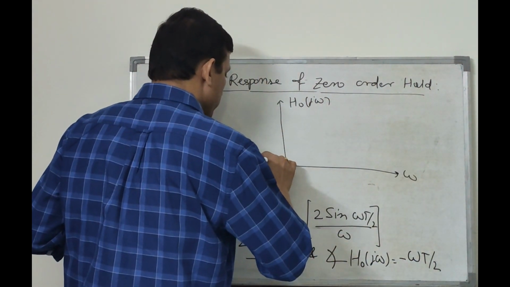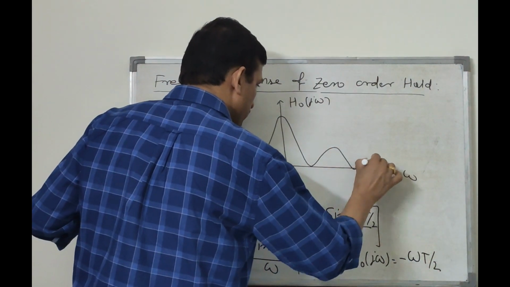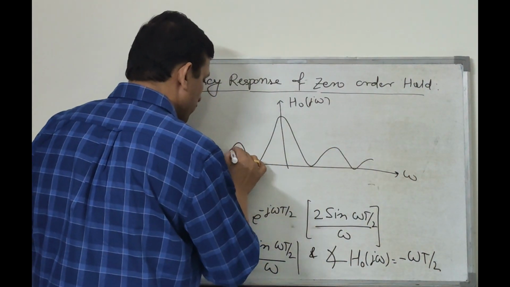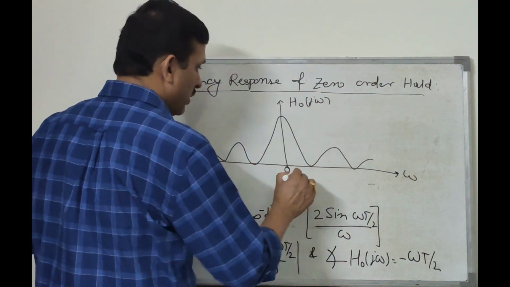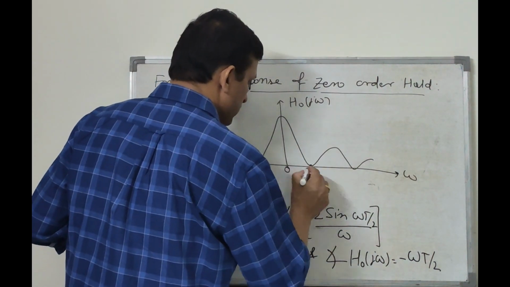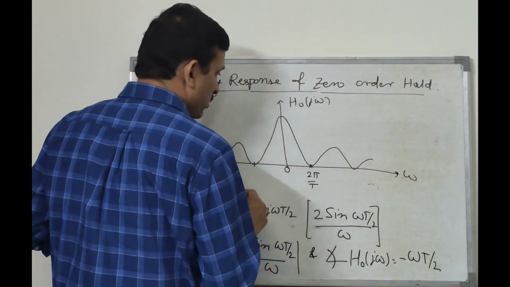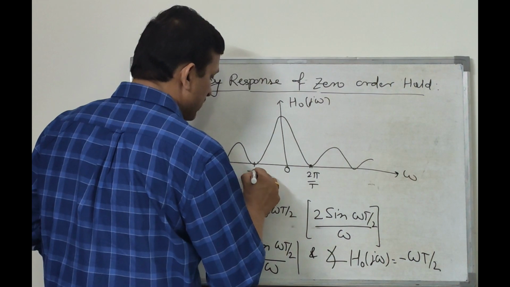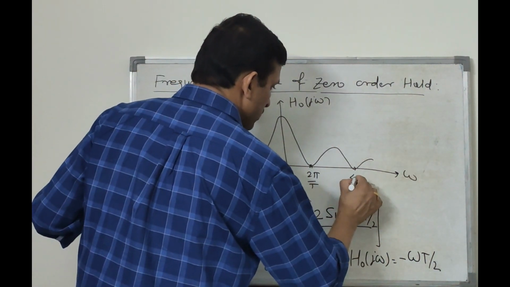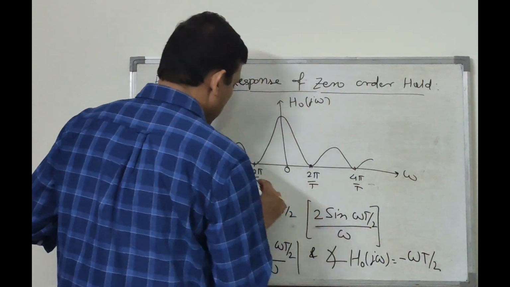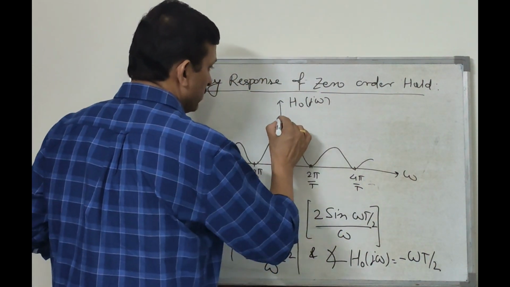This will be of this form, where this value is 2 pi upon T, and this value will be minus 2 pi upon T. This value is 4 pi upon T, and this value is minus 4 pi upon T, and so on.